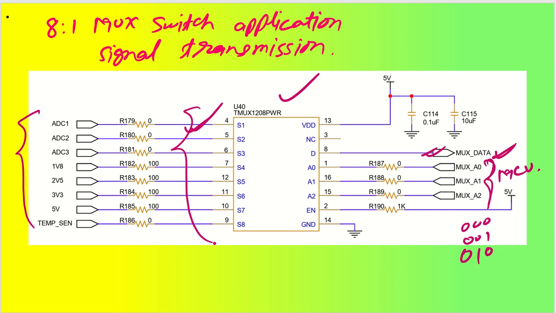One more thing you have to make sure of is that you cannot directly send 3.3 volt and 5 volts. This 3.3 volt you have to send through a voltage division, and let's say this is my 3V3 ADC, and this is my 3V3. This 3V3 will be voltage divided and then sent here. Similar to that, 5 volt also you have to send like that.